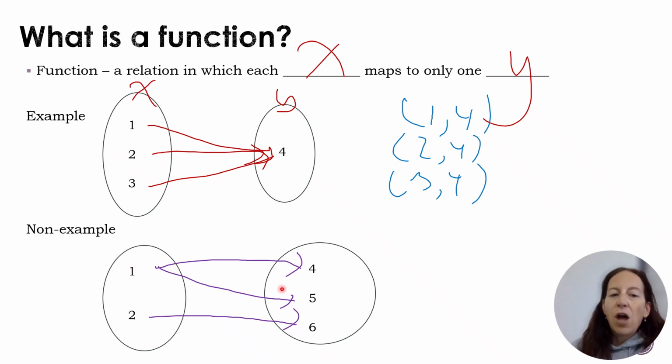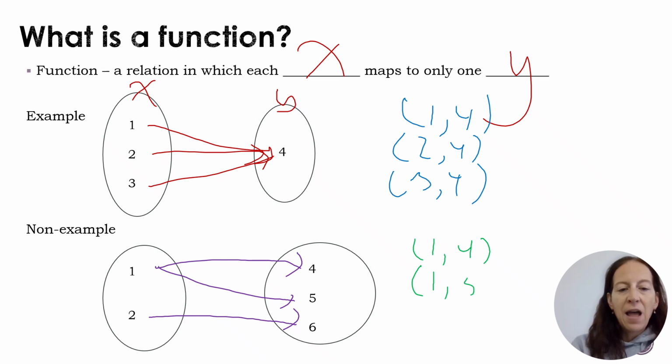Okay, that is not okay. It is okay if more than one x maps to a single y, but it is not okay for an x value to map to more than one y value. If you were to look at these as a set of ordered pairs, it would look something like (1, 4), (1, 5), and (2, 6).